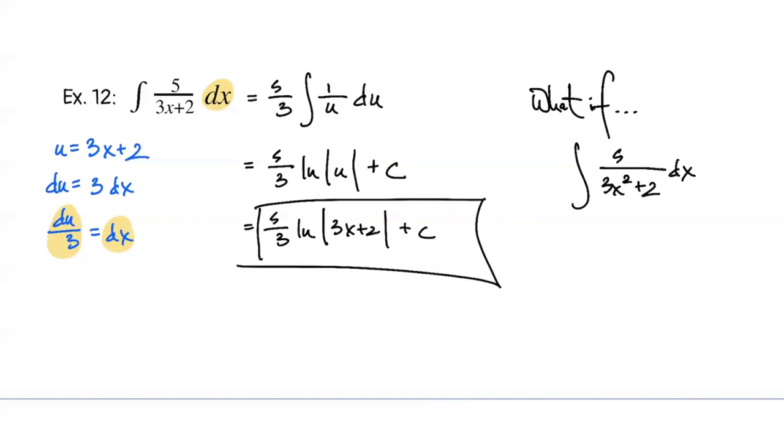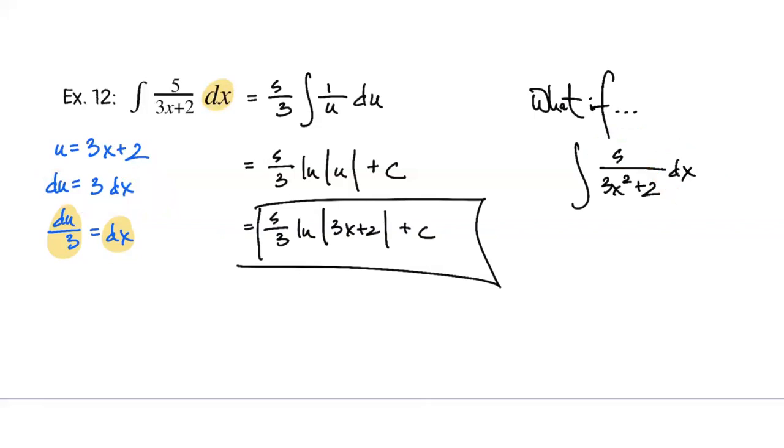Good, good. Why? Yeah, we can't use u sub because if we say u equals 3x squared plus 2, we're going to still have an x in my du, and there are no extra x's here.